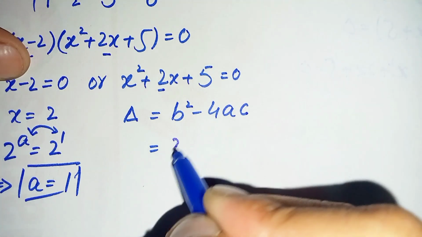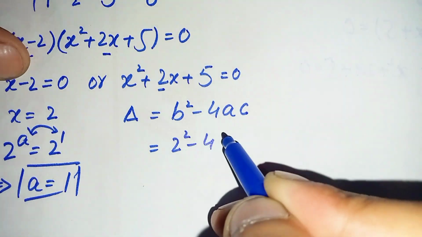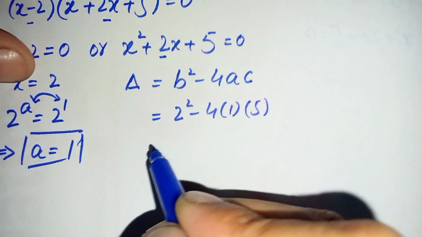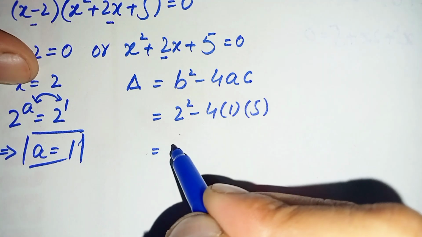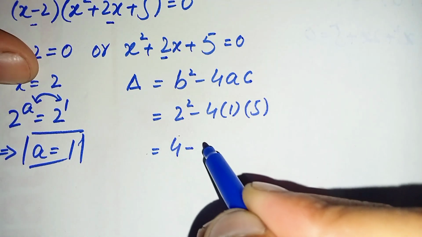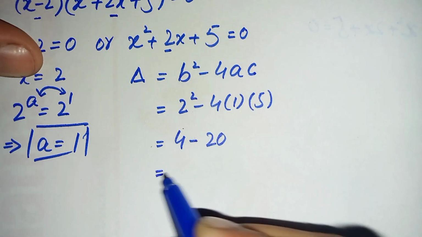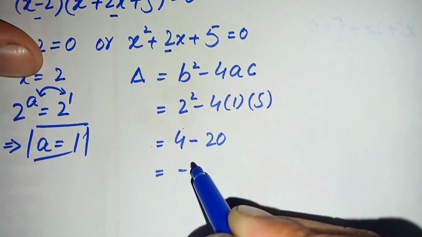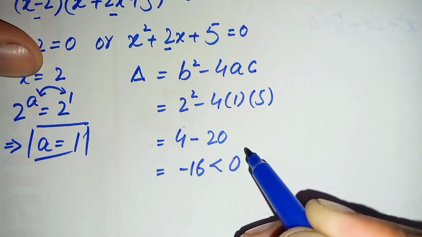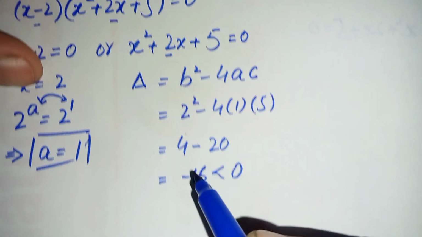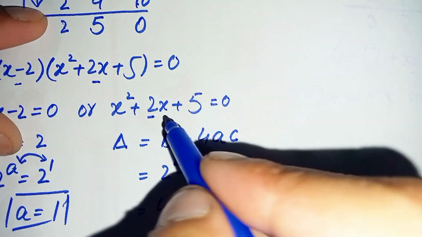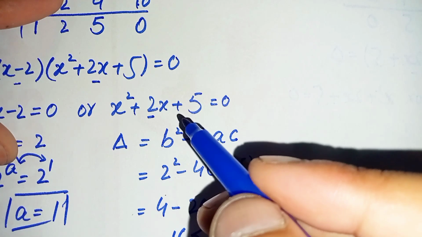So this will become 2 square minus 4 times 1 times 5. So this will become 2 square is 4 minus 5 times 1 is 5, 5 times 4 is 20. Now here 4 minus 20 is minus 16, which is a negative value and less than 0. Now since the value of the discriminant is negative, the roots of this quadratic equation are imaginary and complex.